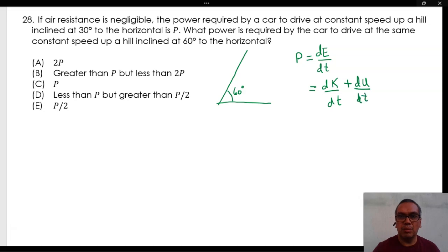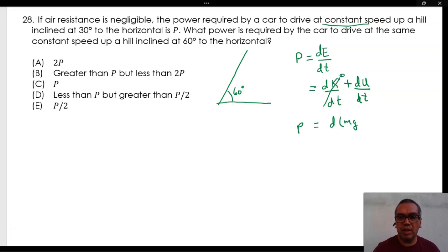Now, in both cases, they tell us that the speed of the car is constant, which means that the kinetic energy is a constant value as well. Therefore, only potential energy is being invested into the system.